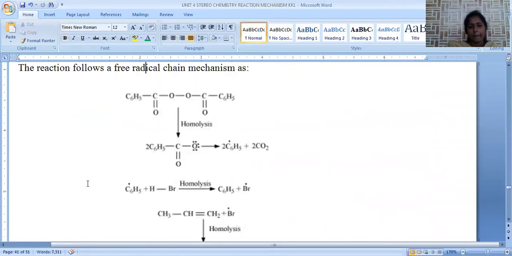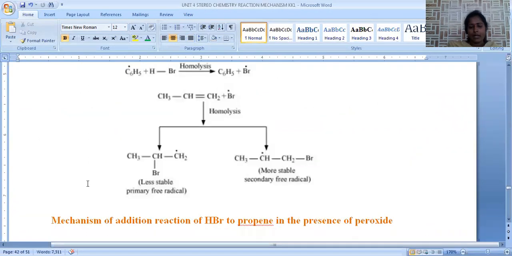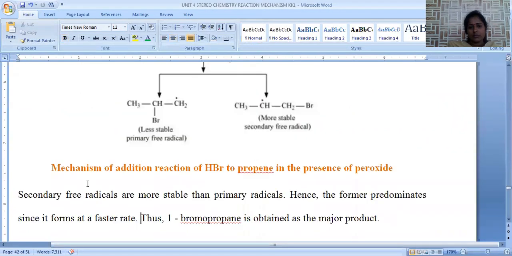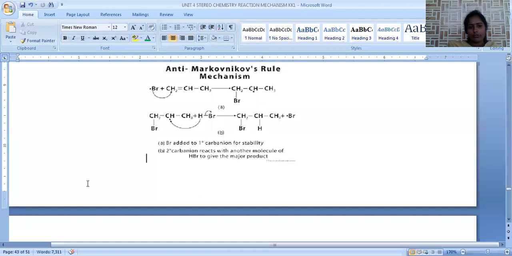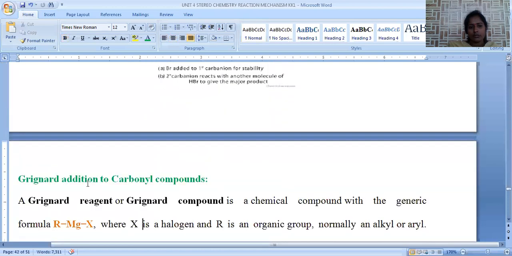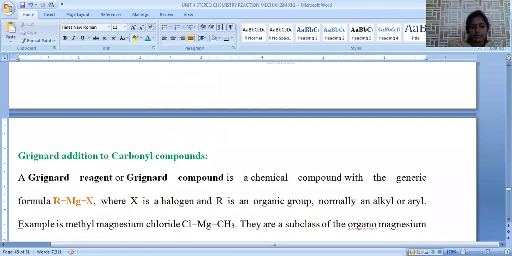This is for anti-Markovnikov. I will show the mechanism for Markovnikov rule. One minute.